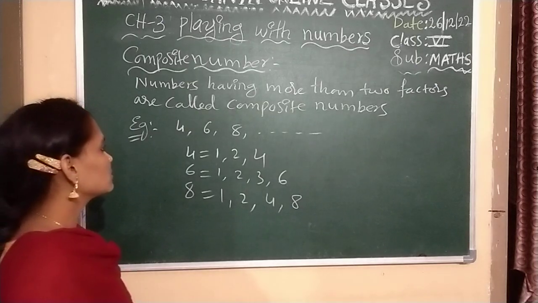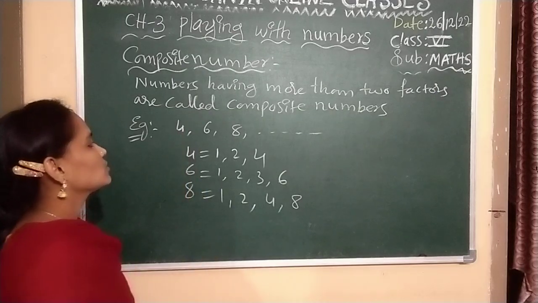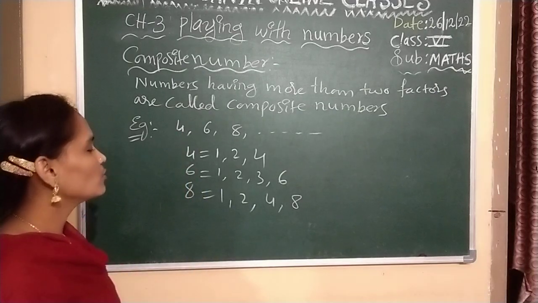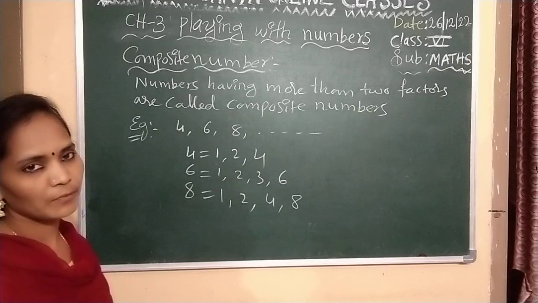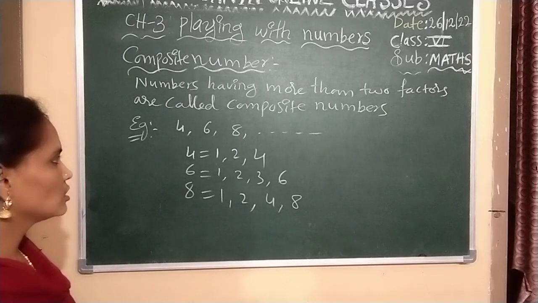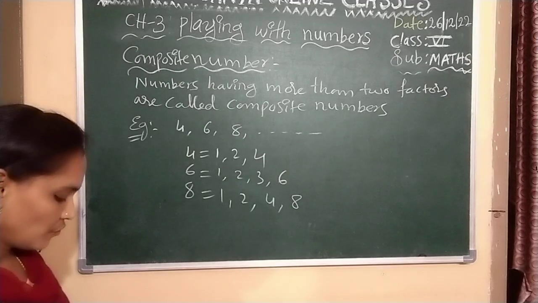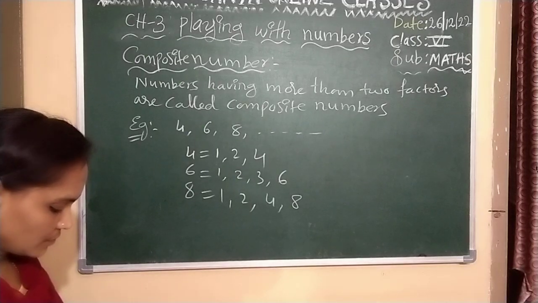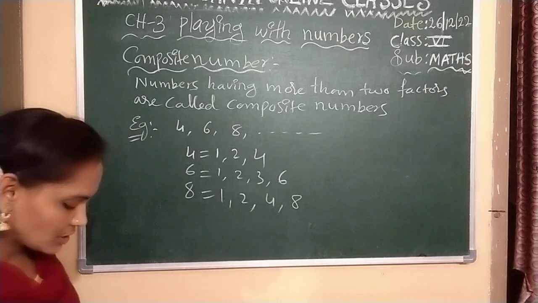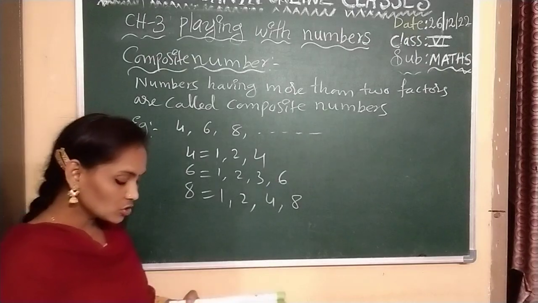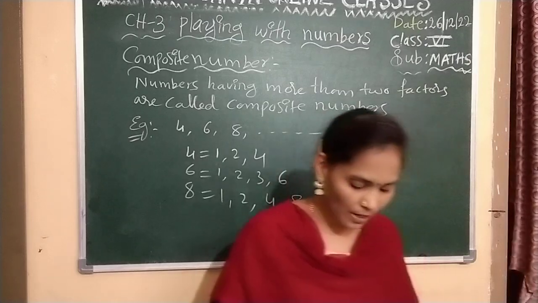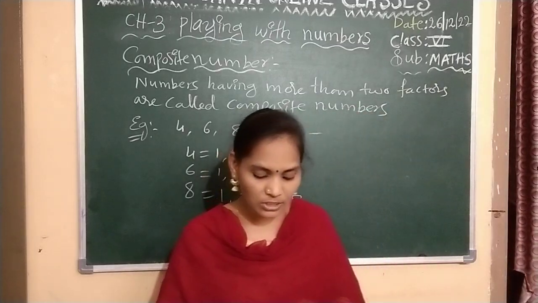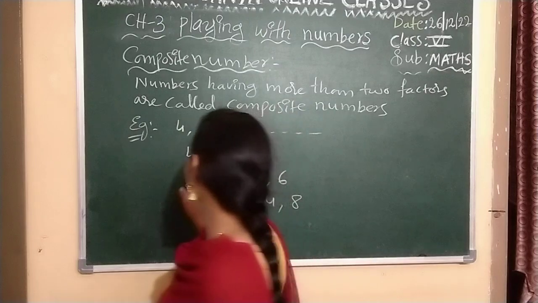In this, the smallest composite number is 4. Important point, you should remember that. Here a few questions are given in the textbook. What is the smallest prime number? Already I told you, the smallest prime number is 2. What is the smallest composite number? I just told you.